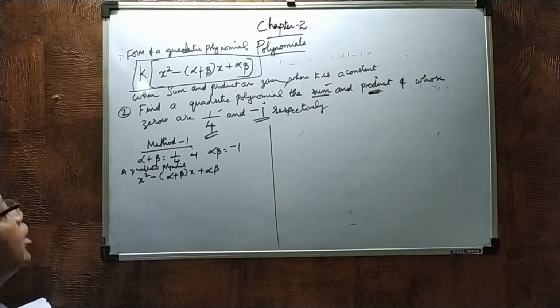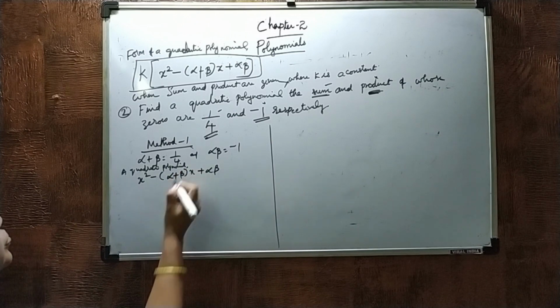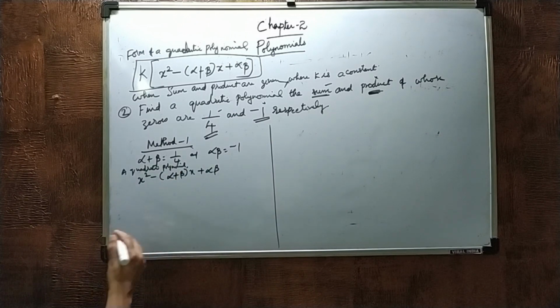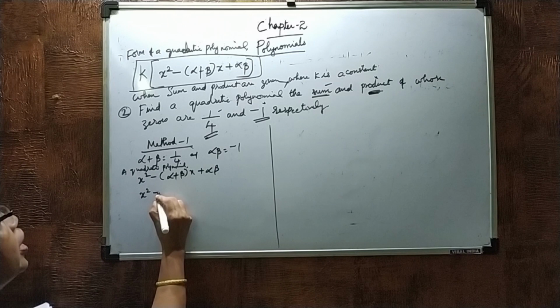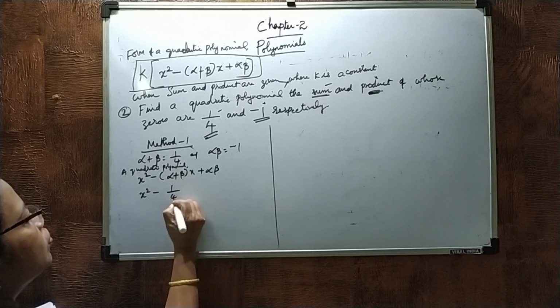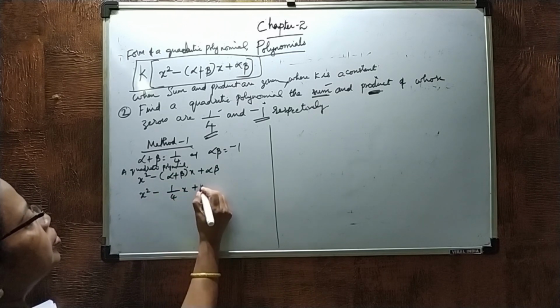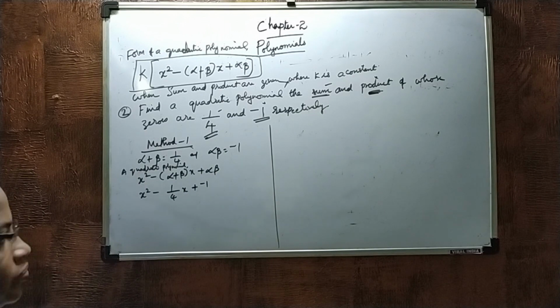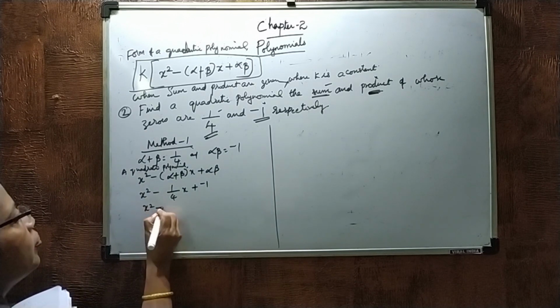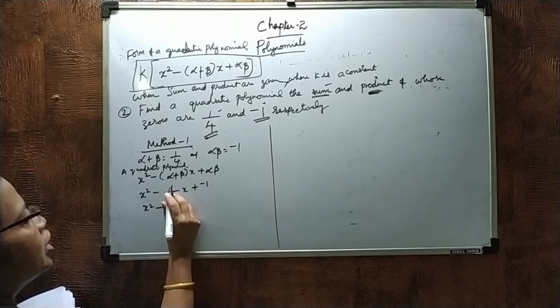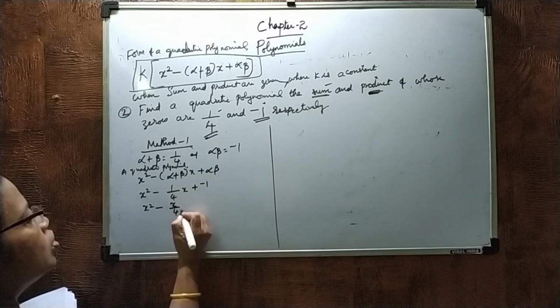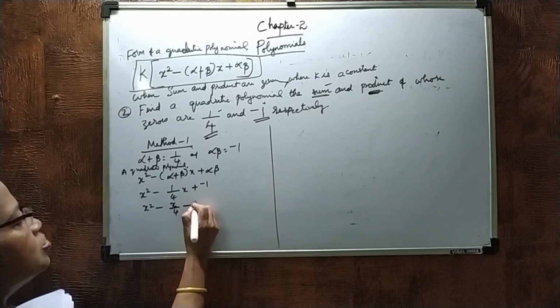Then I just apply that. X square minus (alpha plus beta is 1 by 4) into x plus (alpha beta is negative 1).